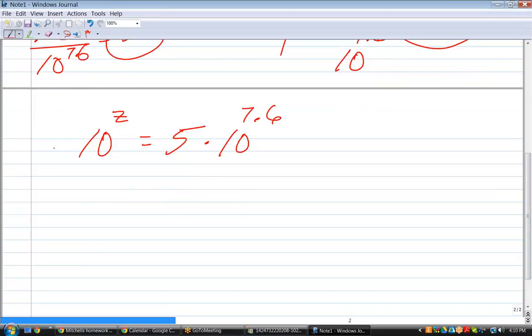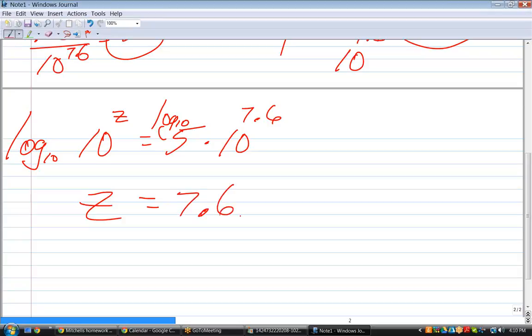If we take the common log of both sides, that is the log base 10 of both sides, it leaves z on the left, and it leaves 7.6 plus the common log of 5.